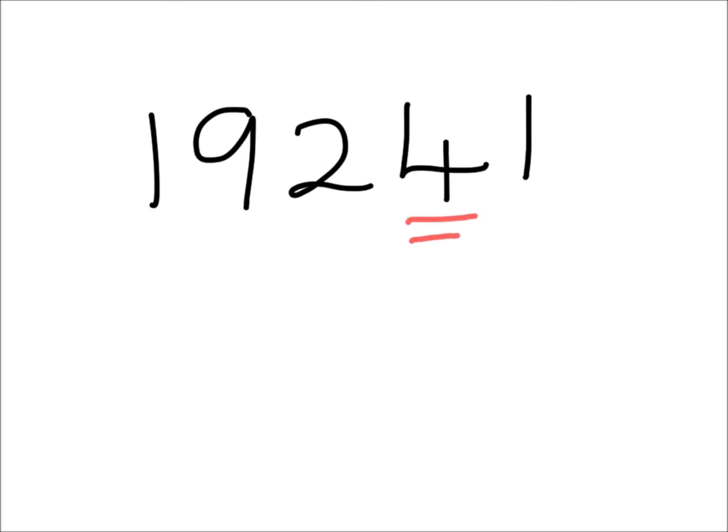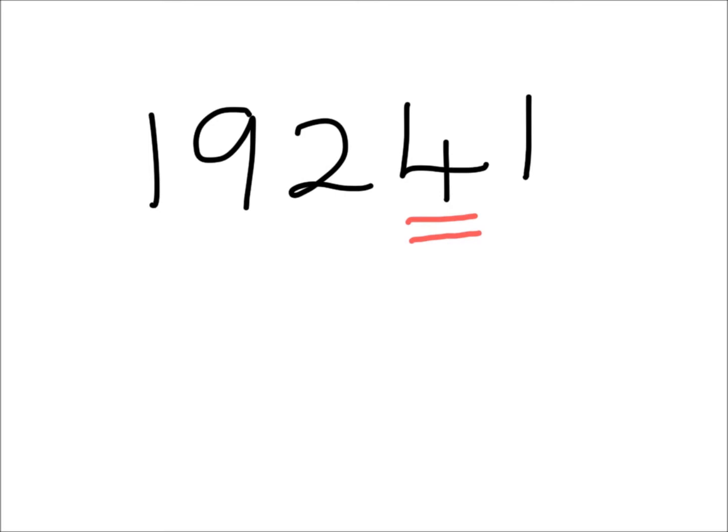We're going to go ahead and look at a new example. I'm going to pop a new number on the screen. And again, we're going to try to identify the value of the digit that's been underlined in red. As with before, I'm going to ask myself, does the number have a decimal place?